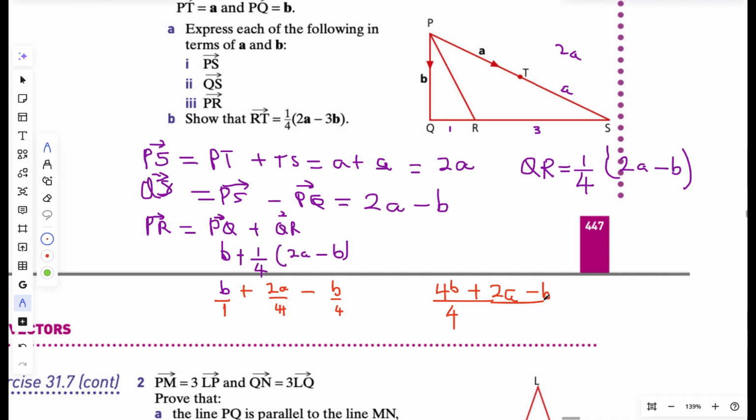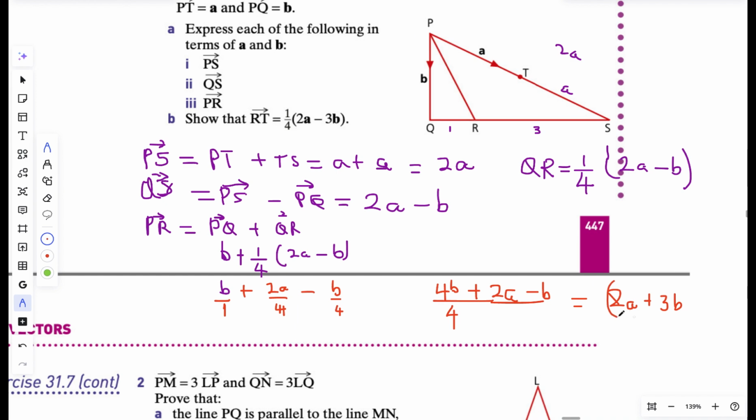So we get 2A plus 3B over 4, over this 4. Or you can say 1 all over 4.